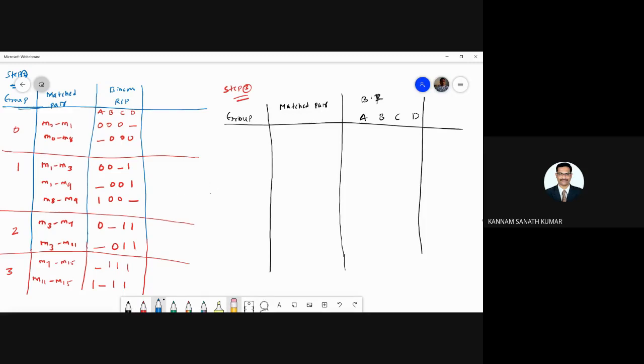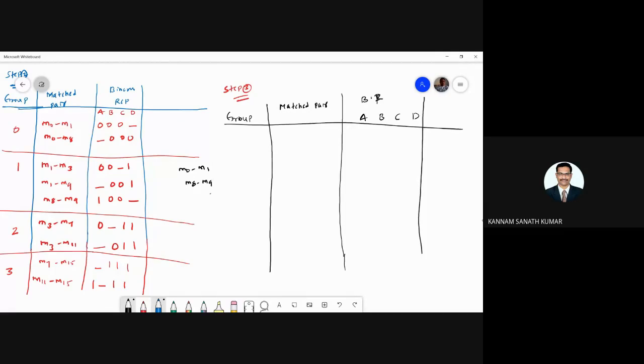We have to compare those which differ by only one position: M0 M1 and M8 M9. M0 M1 is 000-, M8 M9 is 100-. The dash is common, the zeros are common, and this differs by only one position, so you can write -00-. Understood?